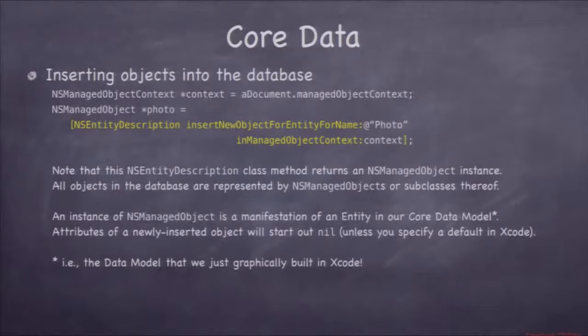You can set defaults. They have to be constants, basically, in Xcode to do that. And then this object will come back with those defaults set in those fields, and otherwise nil. Okay? But if you don't do any of that default setting, all the properties in this photo will be nil. So the title will be nil, subtitle will be nil, the who took will be nil, they'll all be nil.